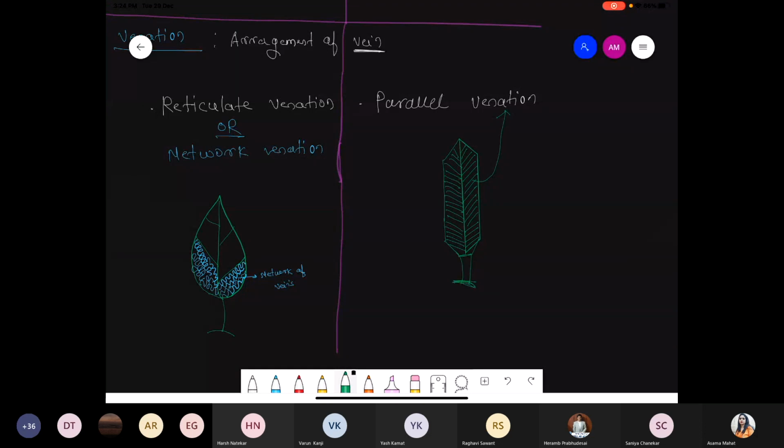Such an arrangement of the veins is called parallel venation. Got it?